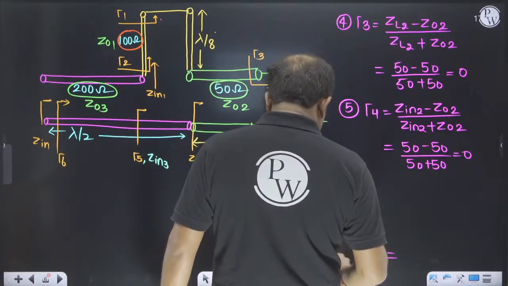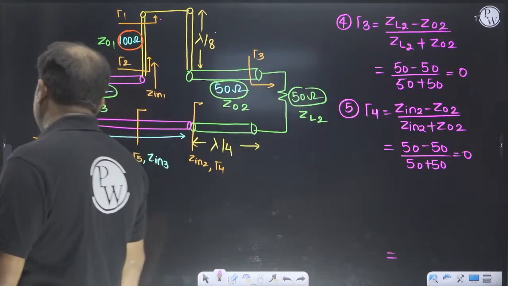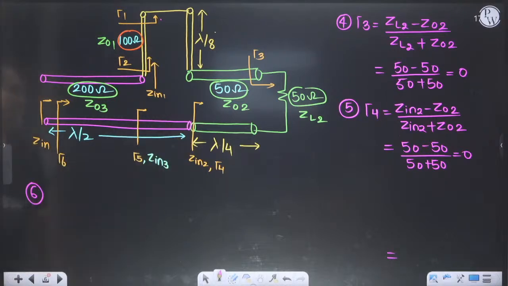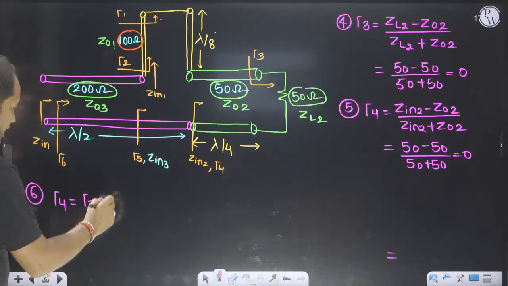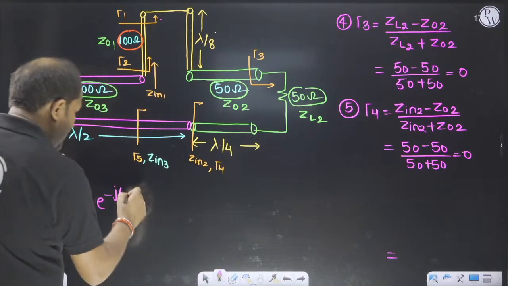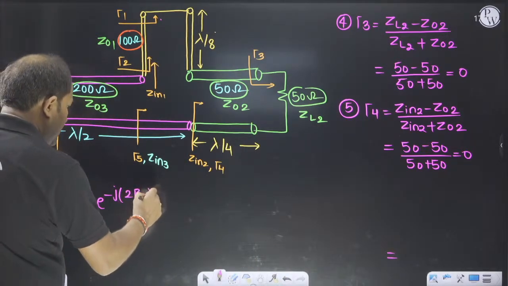There is another method also, the sixth one, that is gamma 4. Gamma 4 is equal to gamma 3 at a distance with 2 beta, and the distance is lambda by 4.